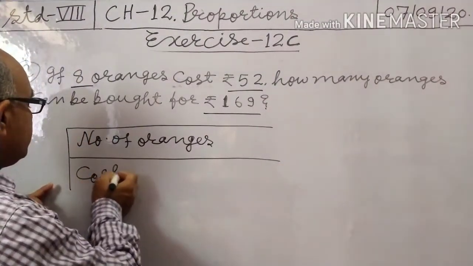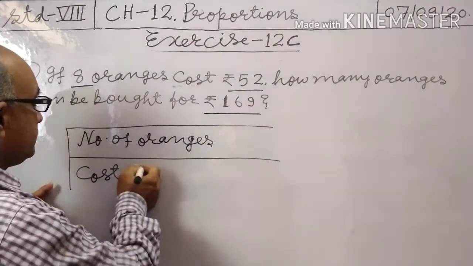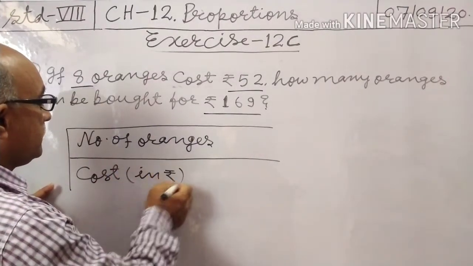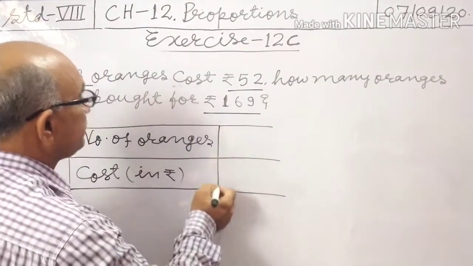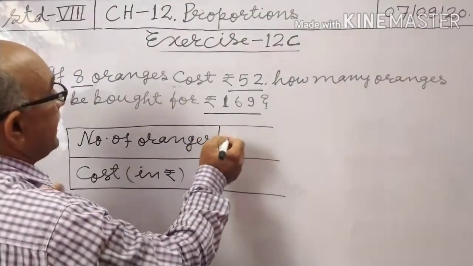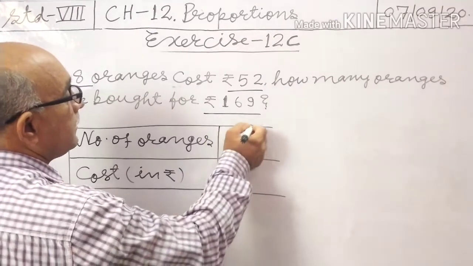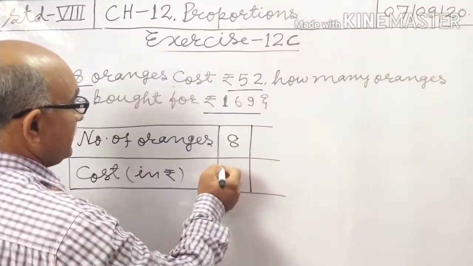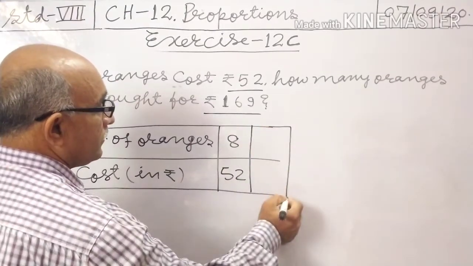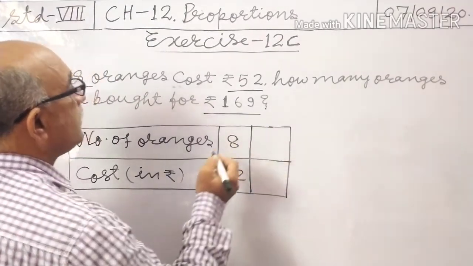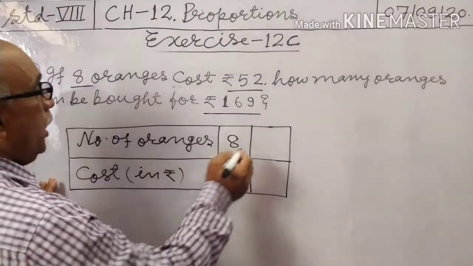Cost in rupees. Number of oranges is 8. Cost of 8 oranges is rupees 52. How many oranges?